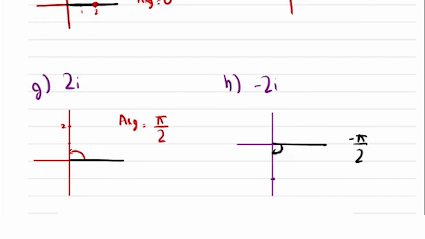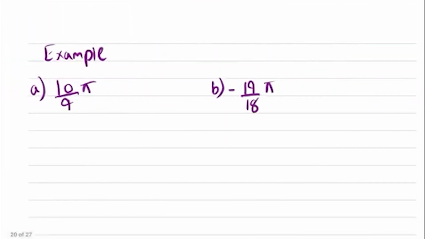Here we complete the modulus and the argument. Here's one example. 10 pi upon 9, that's roughly 200 degrees. Okay, let's draw this. So my 200 degrees will lie somewhat here, yes or no? But if you are asked to find the argument, it is the shortest angle from the starting line. Is the red one shorter or the black one?